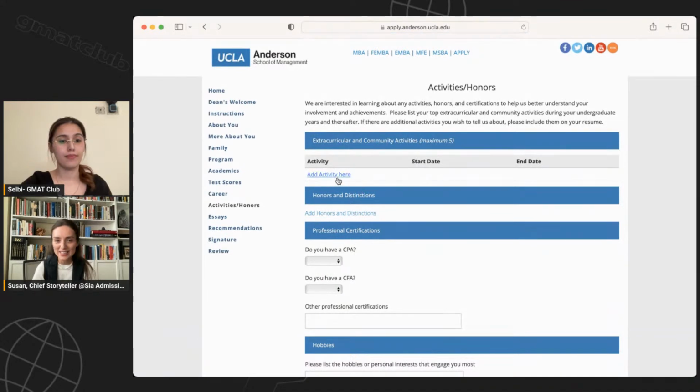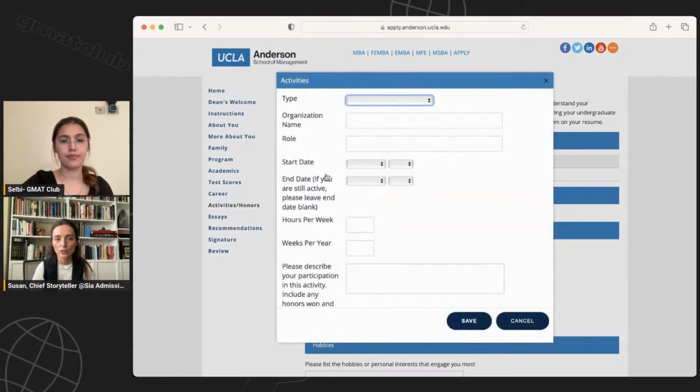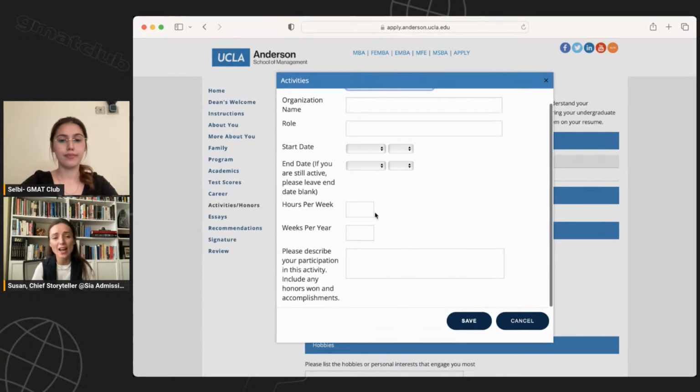Okay, activities. So these are activities and honors and certifications that you have done, with a maximum of 5 that you have done in your community. So you are going to open this box and just keep answering the questions as they show up. These are estimates. Don't feel like you have to go and call the organization you worked at and start counting the weeks and how many hours.